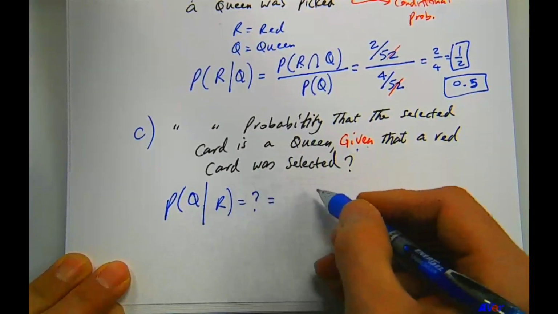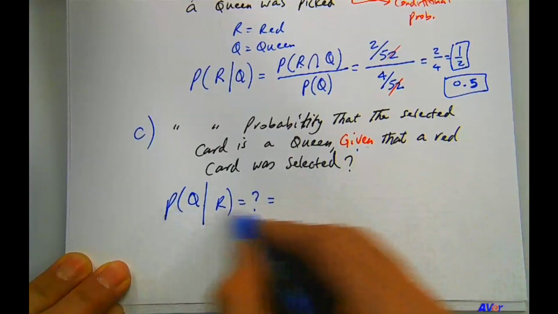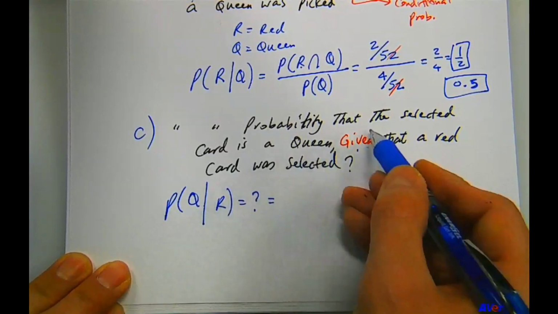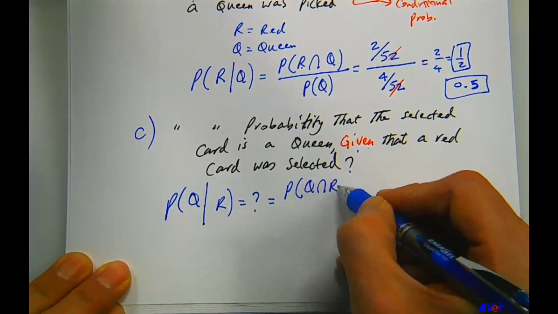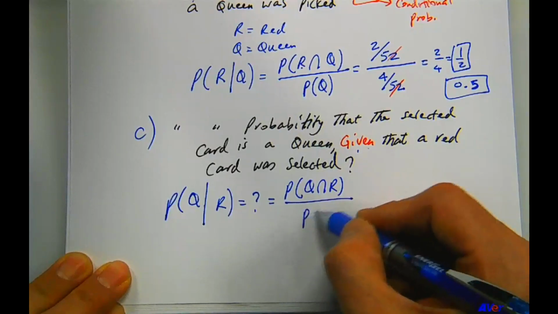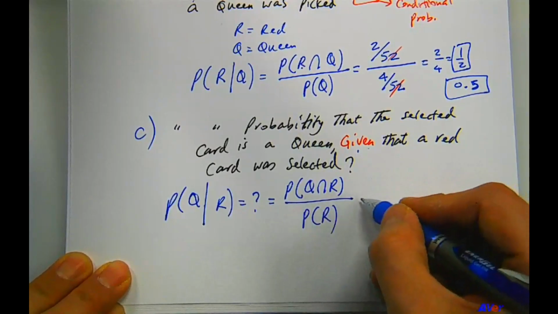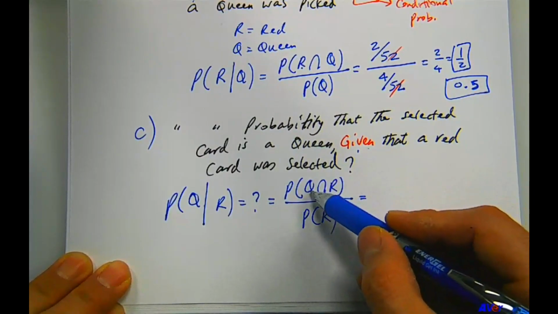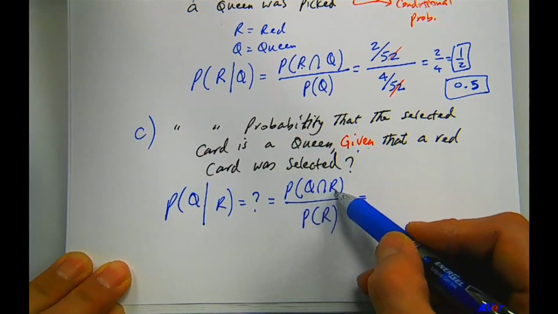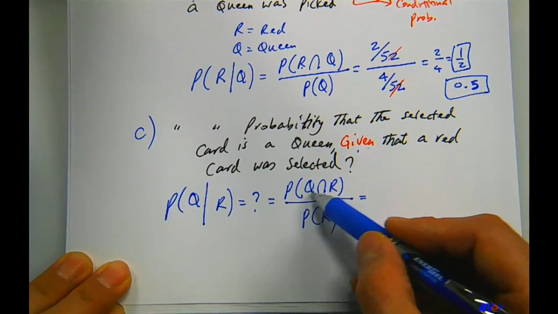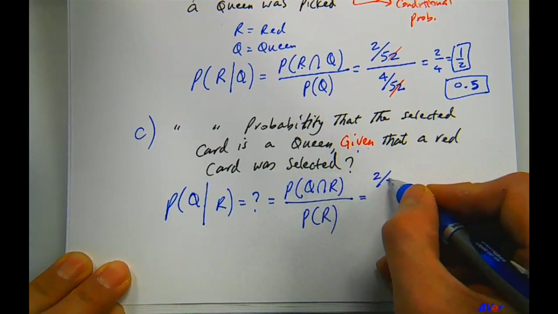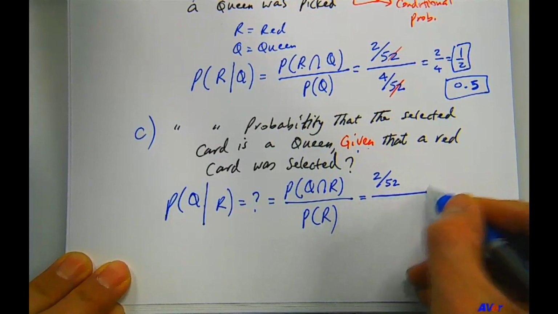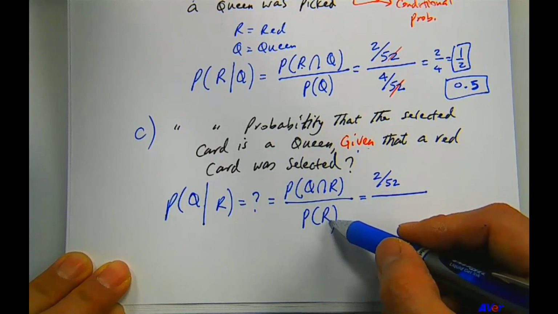Okay, let's complete the conditional probability formula for this notation, because this is our question. So probability of a queen intersection red, divided by the probability that a red card was picked. A card that is a queen and red, we know there are 2 of those in the whole stack. So that'll be 2 out of 52 divided by the probability of selecting a red card.